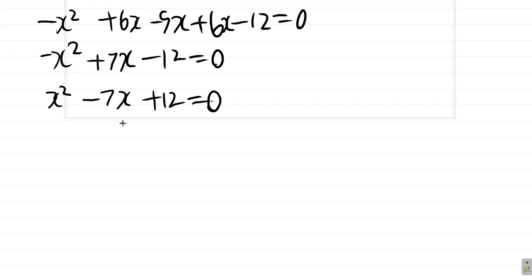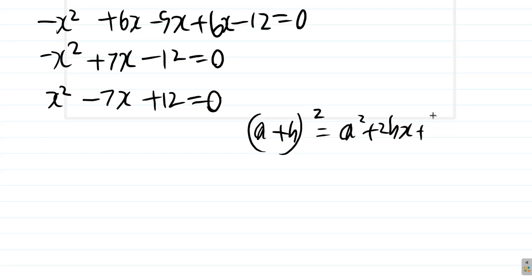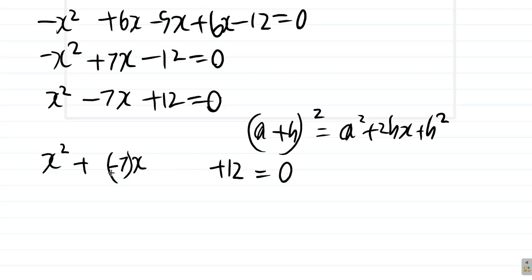So remember, completing the square, generally you have x plus h squared is equal to x squared plus 2hx plus h squared. This is a perfect square. Now you have, in this case, x squared plus -7x plus 12 equals 0.